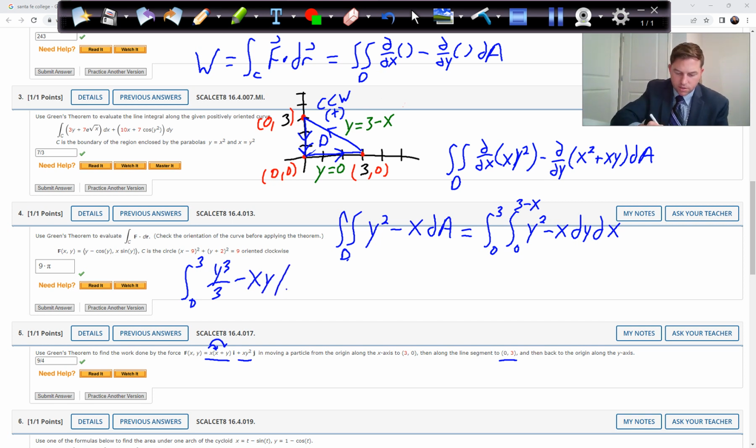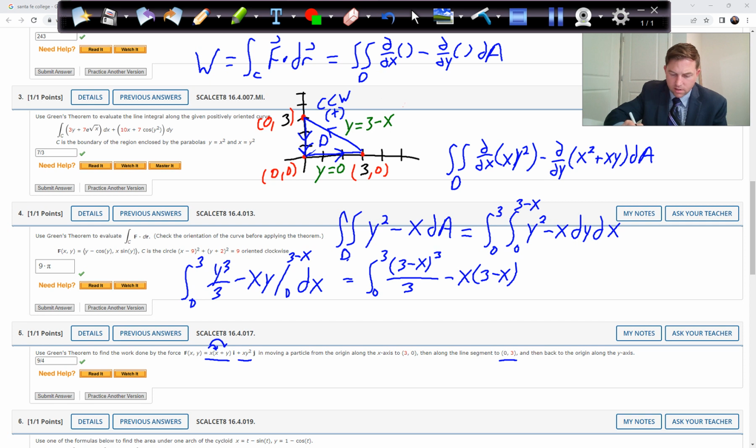And that goes from 0 to 3 minus x, dx. And that is going to give us the integral from 0 to 3 of (3 minus x) cubed all over 3, minus x times (3 minus x), dx.